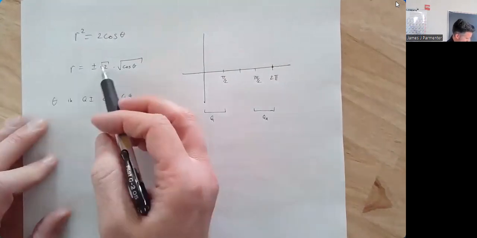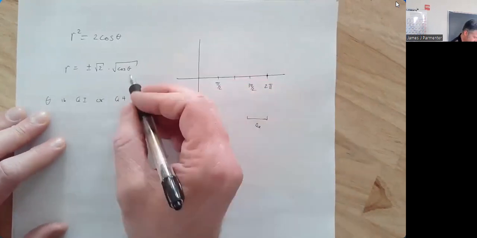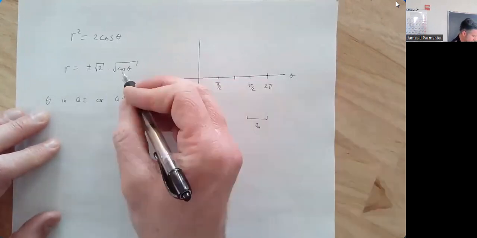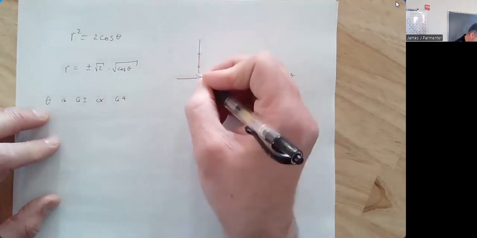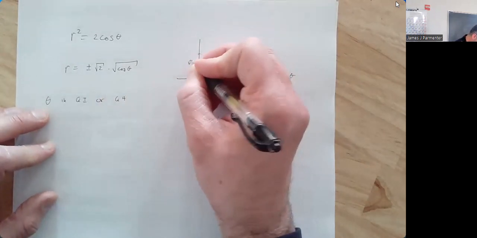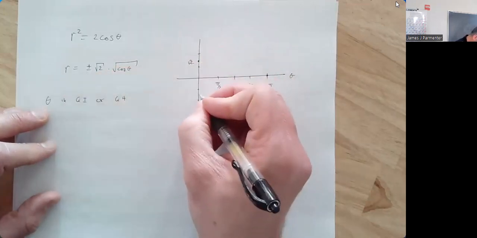And so I really don't like this. If we plug in 0, cosine of 0 is 1, and root 2 times 1 is root 2. So we're either up here at positive root 2, or down here, because r can be plus or minus, negative root 2.